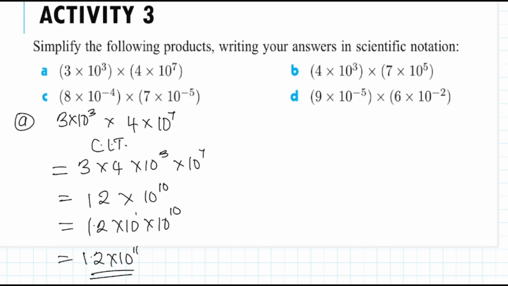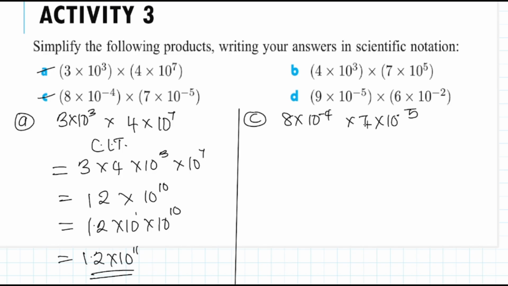Okay, so let's take one more example, then you do the remaining as classwork. So I've taken this one, let's take this one. C, 8 times 10 raised to power minus 4 times 7 times 10 raised to power minus 5. So this will be 8 times 7 times 10 raised to power minus 4 times 10 raised to power minus 5. So 8 times 7, that will be what? 56, good.